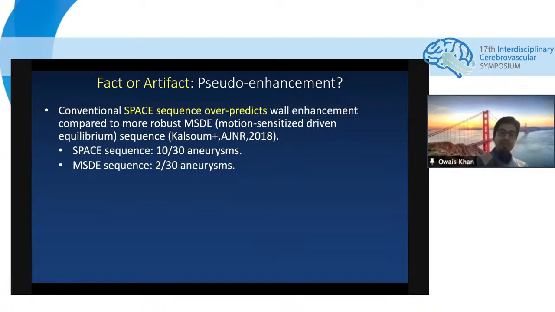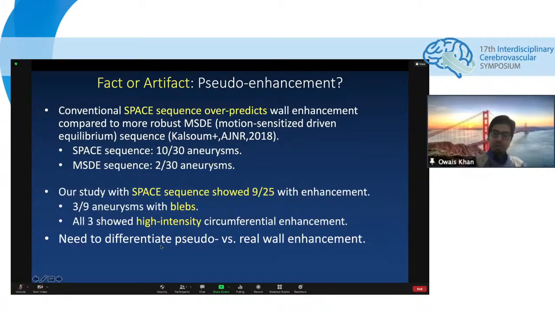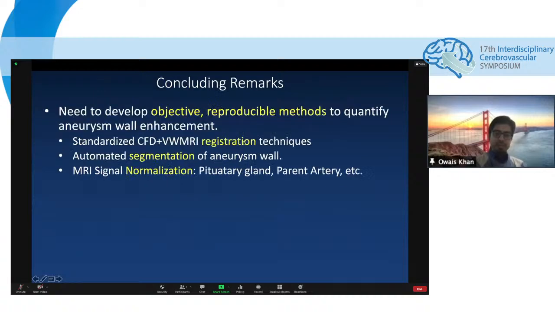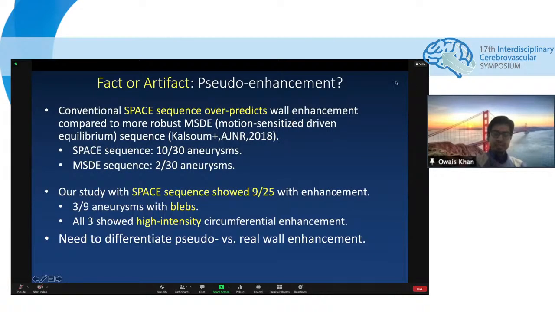So it seems to me that wall enhancement is highly dependent on the sequence we are using, and this may be because of flow artifacts, right? The slow flow artifact can mimic wall enhancement. In my own study, I saw that about 9 out of 25 aneurysms that we looked at had wall enhancement, and 3 of them had blebs, and all of them showed very high intensity circumferential enhancement.